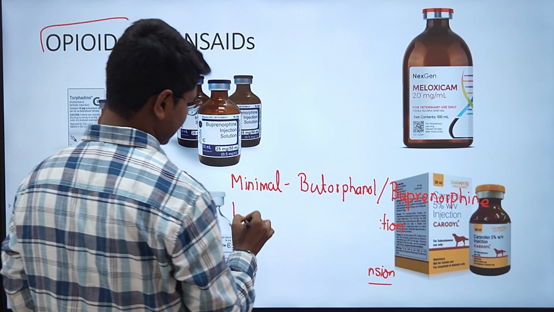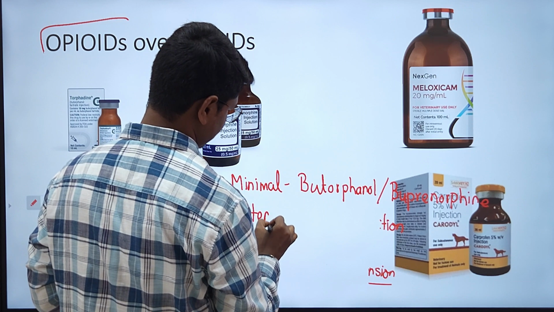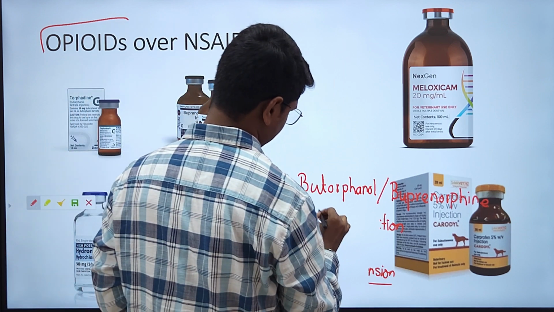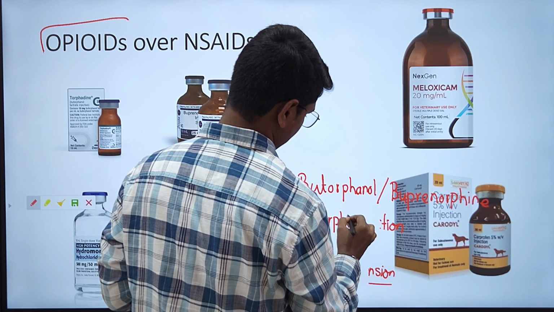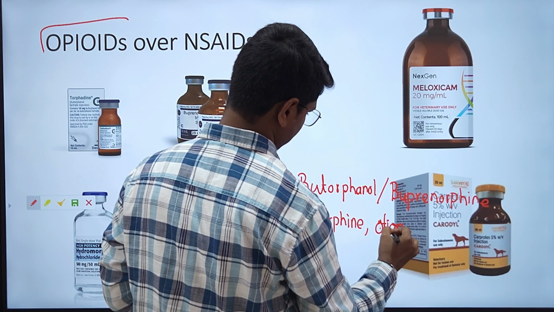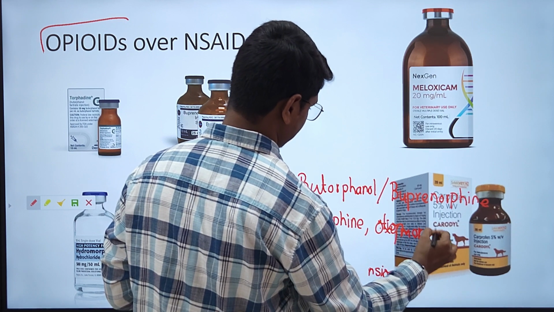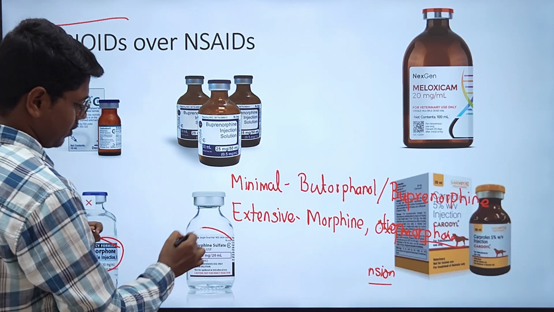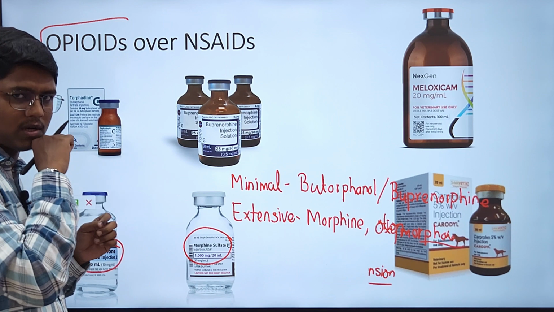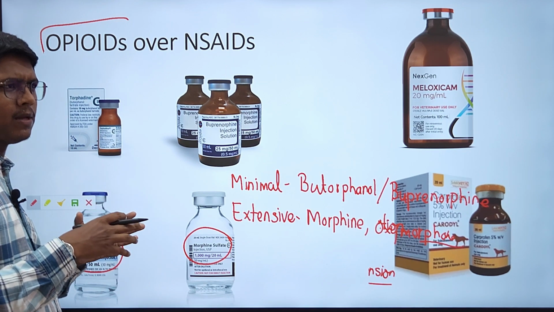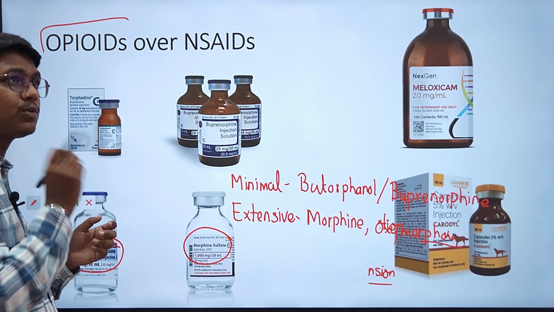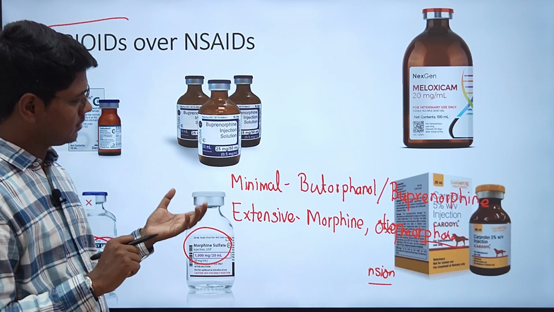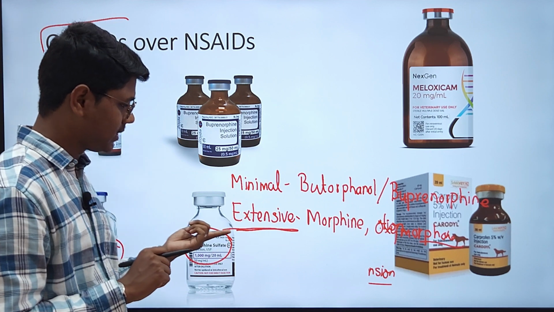If you are doing extensive orthopedic surgery like triple pelvic osteotomy, then you have to go for morphine, oxymorphone, hydromorphone. These are basically for extensive orthopedic approaches. It is also used when approaching the prostate gland. So in all those cases, you have to go for morphine.